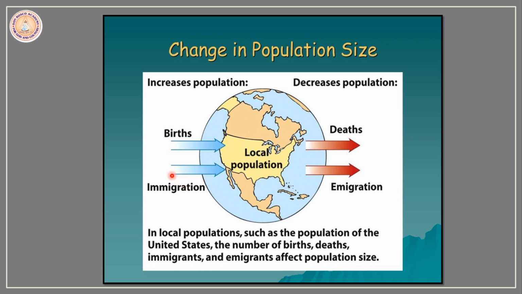So, more people are entering while fewer people are moving out. So, it is very likely that the population of that country will begin to increase. However, when emigration exceeds immigration, the population of the country is likely to decrease.